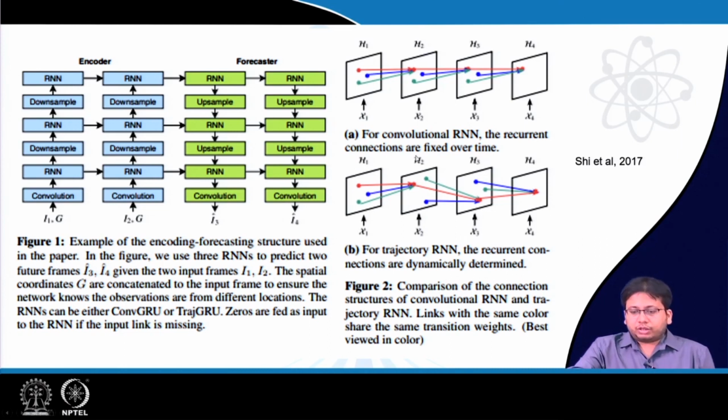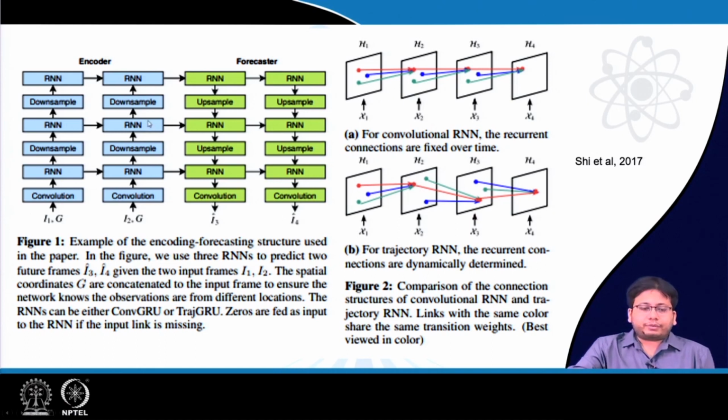Now, as they are saying, in the convolutional RNNs the recurrent connections are fixed over time, but what they are proposing is the trajectory RNN, where the recurrent connections are dynamically determined.